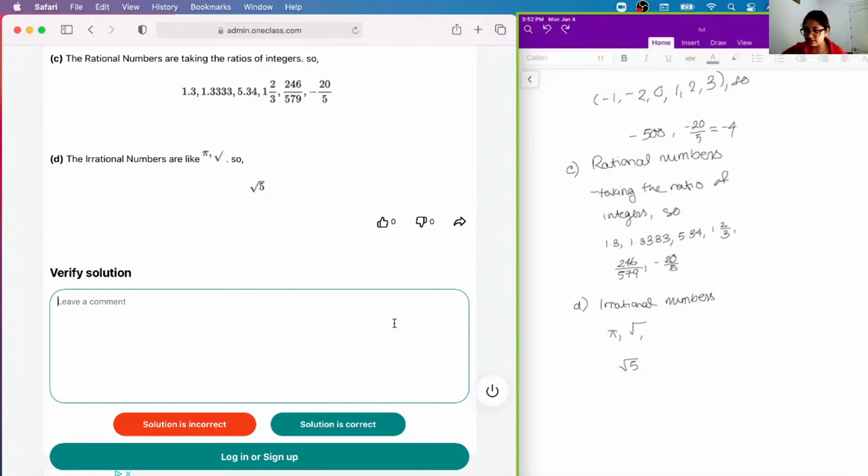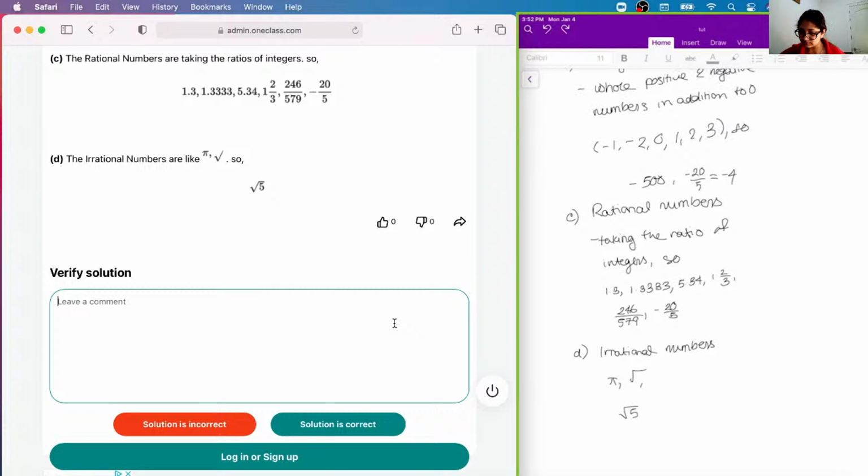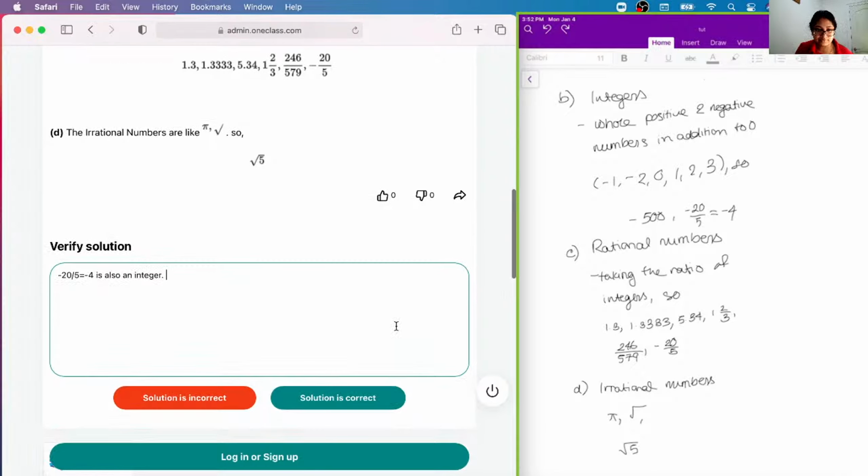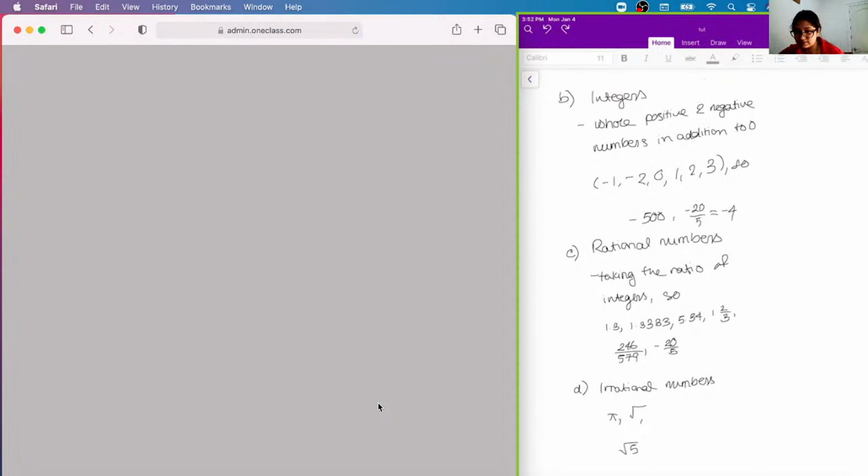I also said negative 20 over 5, which is negative 4, is also an integer. Solution is okay.